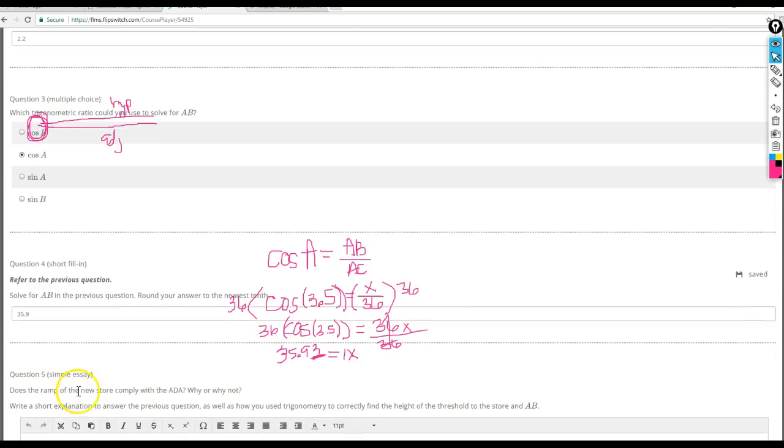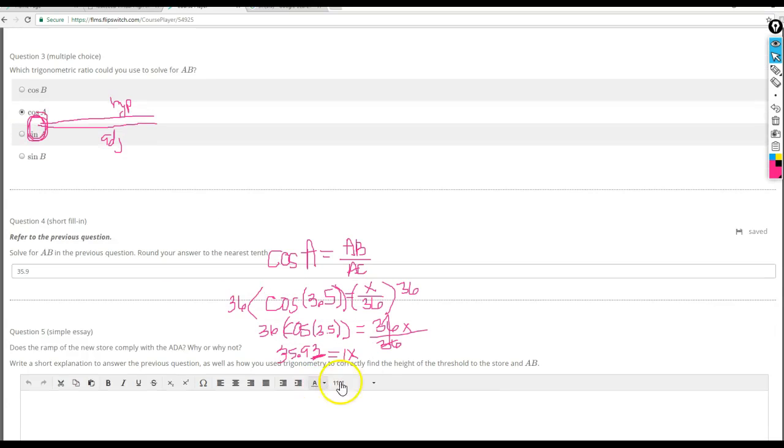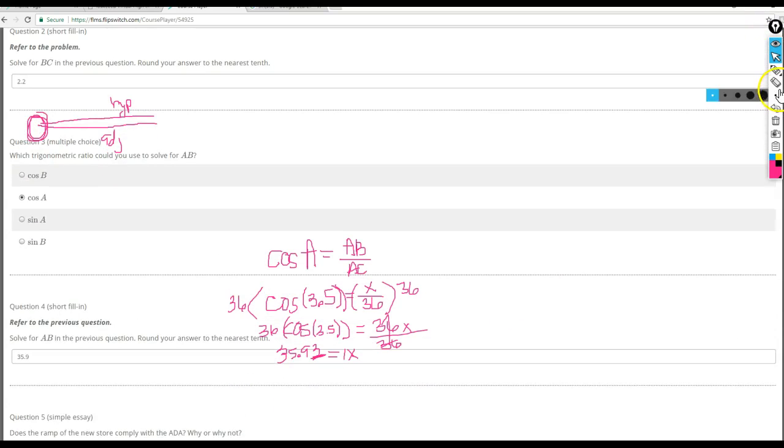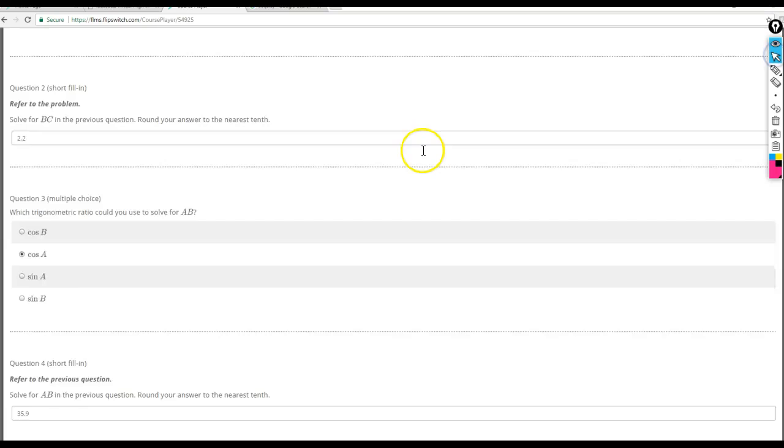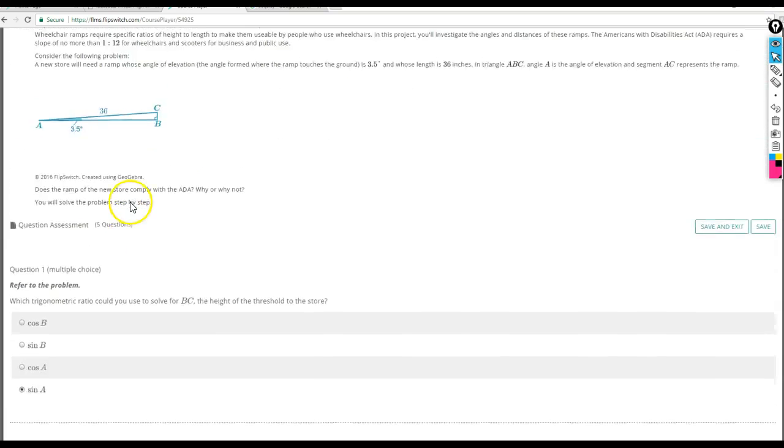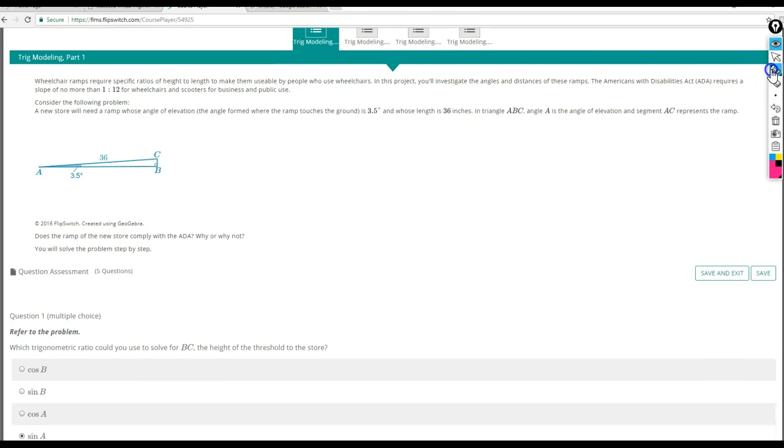Does the ramp of the new store comply with the ADA? Why or why not? All right, we've got to remember what the ratio was for the ADA, which was 1 to 12. And remember it was the height to length.